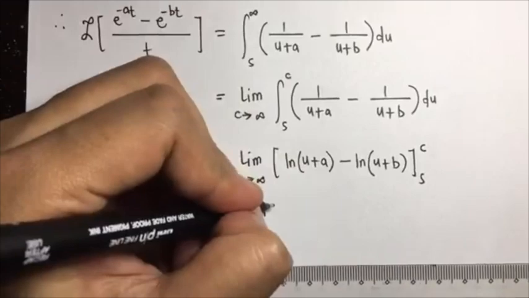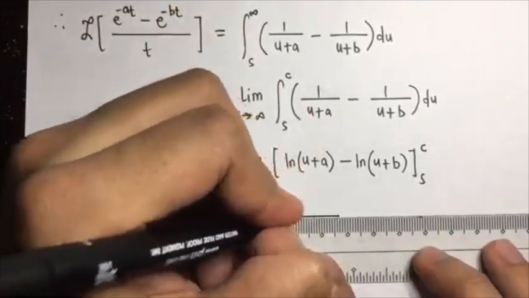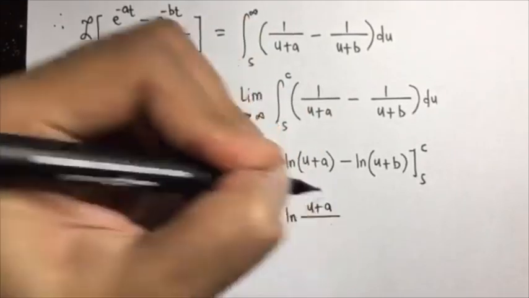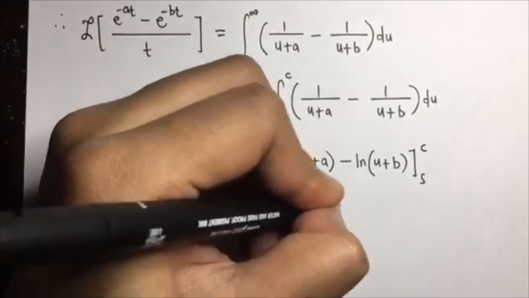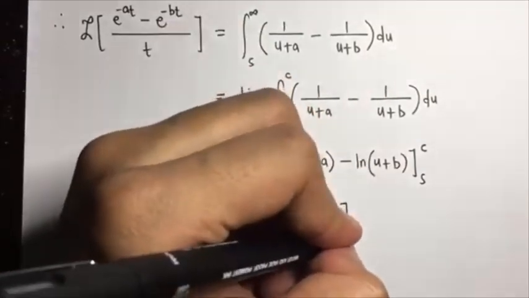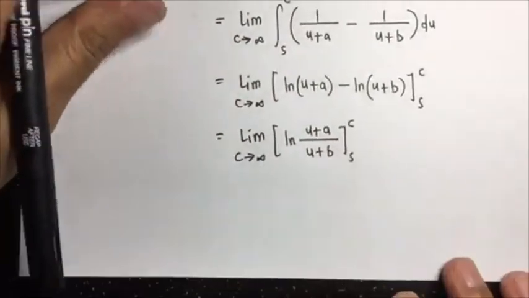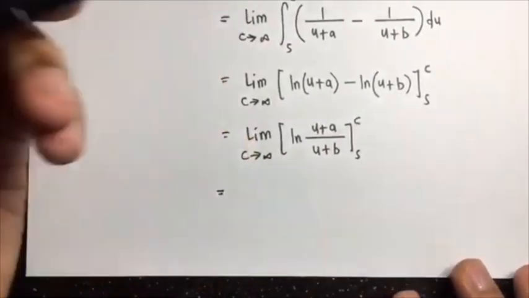So the limit of ln of u plus a over u plus b, from s to c as c approaches infinity. So we can now substitute the limits.